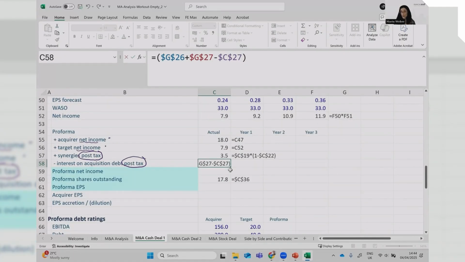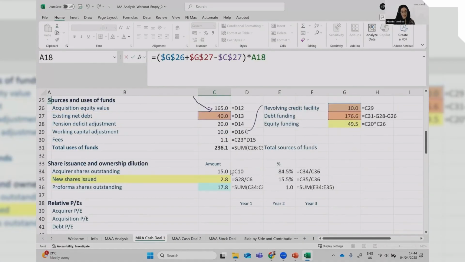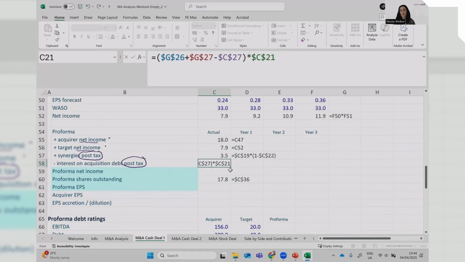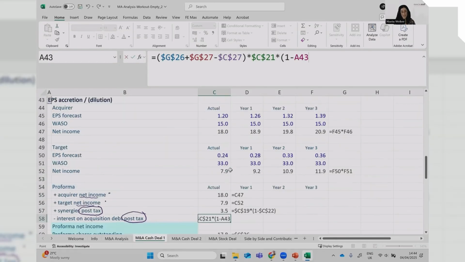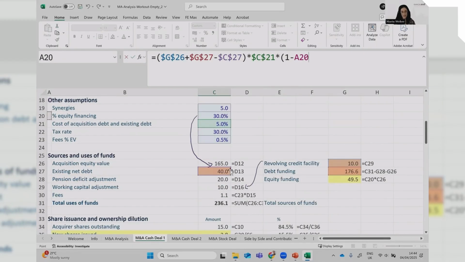And then we want the interest on this debt. So I multiply by the interest rate. And if we go to our assumption section, I've got in row 21, the 5% that I'm going to lock onto as well. And then don't forget, we want the interest after tax. I get a tax break on my interest expense. Tax is 30%, so that means effectively I only actually pay 70%.